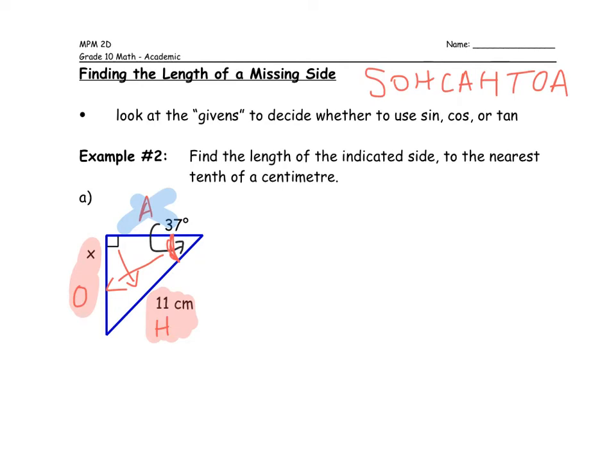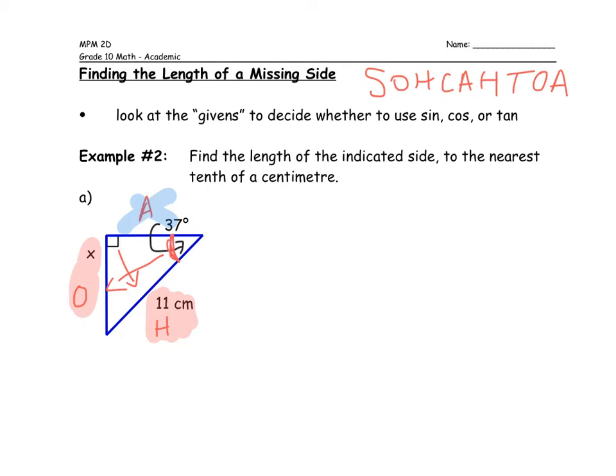Which of the three trig ratios involve both the opposite and the hypotenuse? Well, the answer to that is sine. Sine is opposite over hypotenuse. Cosine involves the adjacent side, and so does tan. And so neither of those is the most convenient ratio to use here. So let's begin.